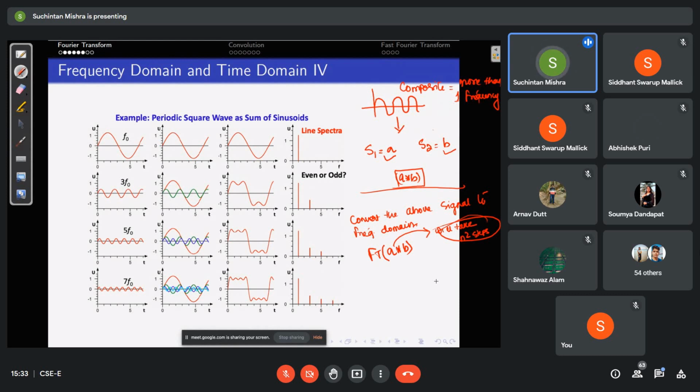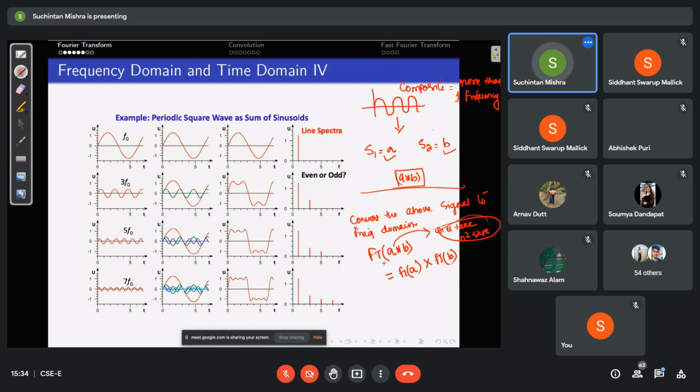Since this will take n square steps, we want a shortcut for this. The shortcut is that the Fourier transform of a convoluted signal is equal to the Fourier transform of the first signal pairwise multiplied with the Fourier transform of the second signal.